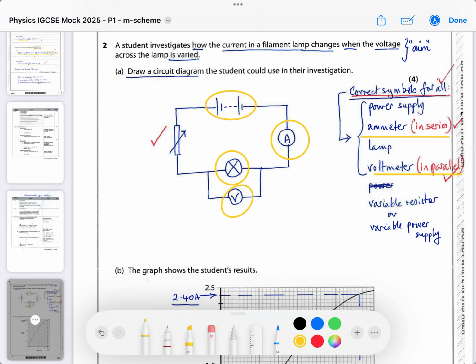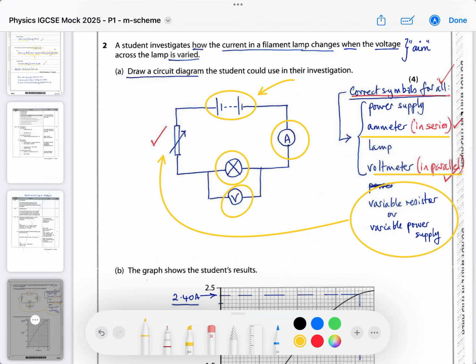If you put the ammeter in series with the bulb, you get 2 marks. And if you put a voltmeter in parallel with the lamp or the bulb, you get 3 marks. And then the 4th mark is having a way of varying the power supply or the voltage. So I've used a variable resistor in series with a battery. Now I wouldn't use a cell, but they would allow you to put a cell here, just to be kind to you so you don't lose all your marks.